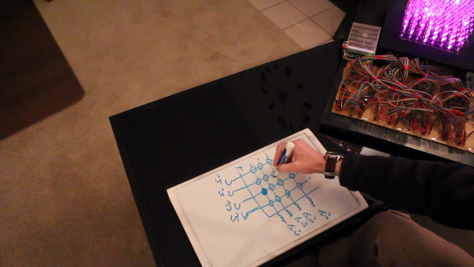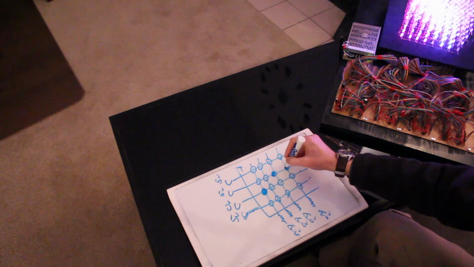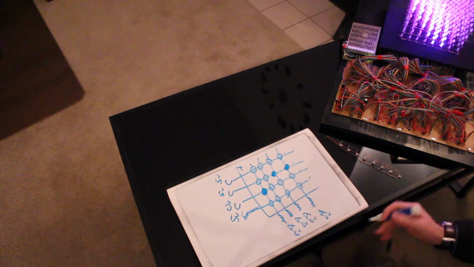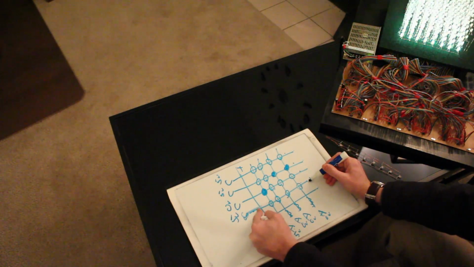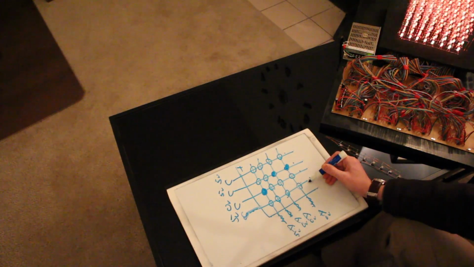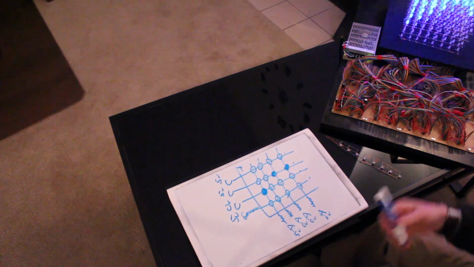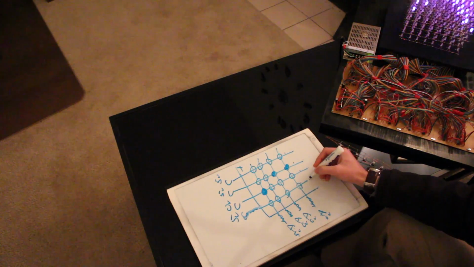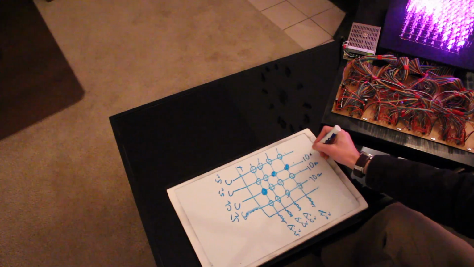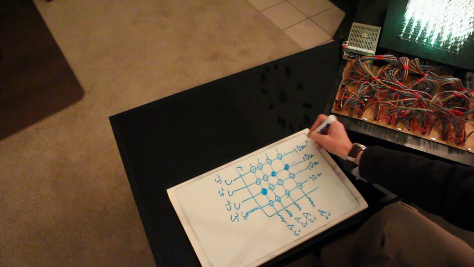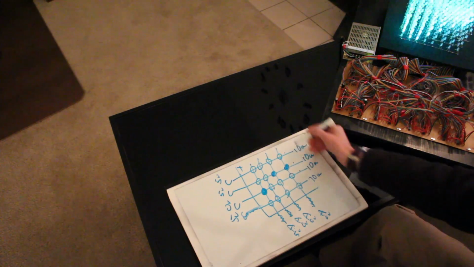So if you wanted to light up all these LEDs, if this was your pattern you wanted to light up, you would still have to check this row here if anything wanted to light up. If not, you still keep it on for 10 microseconds. So each row gets 10 microseconds to light up its LEDs, and then you move on.